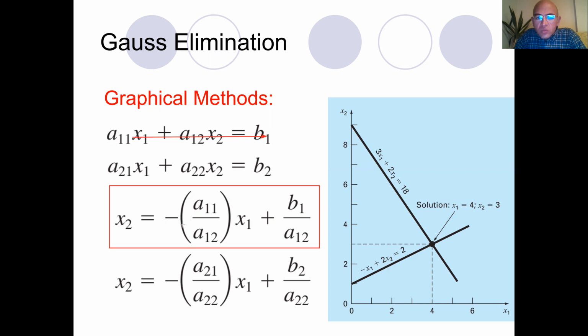Then I will obtain this function. So it is minus a11 divided by a12 multiplied by x1, then plus b1 divided by a12.